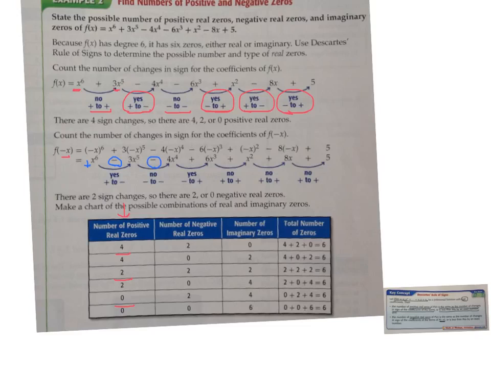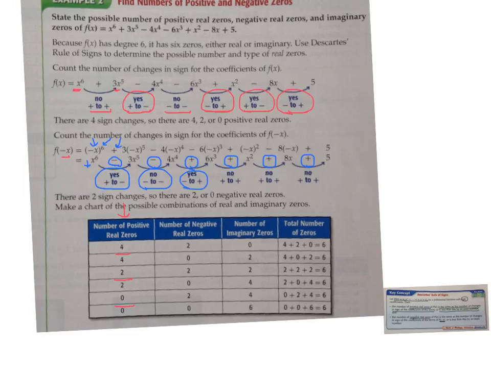Put in a negative x here, it becomes positive, because you'd have negative 1 times negative 6. Negative x squared stays positive. Negative times negative is a positive, and then a positive. So you've just plugged negative x's in, taken them to the powers, multiplied them by the coefficients to see what you come up with. So sign changes: yes, no, yes, and that's it.